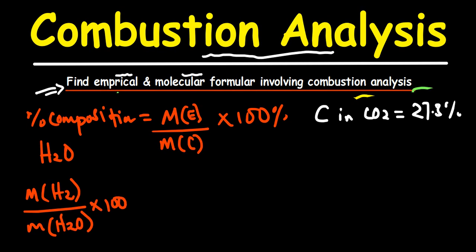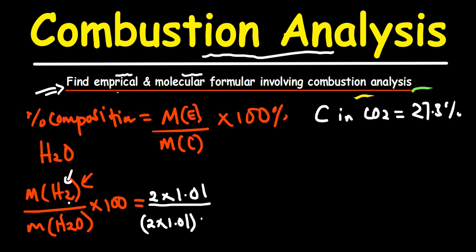So we want to find the percentage composition of this hydrogen here. So we're going to say this is equal to, the mass of hydrogen from the periodic table, I can see a 2 there, so I'm going to say 2 multiplied by the mass of hydrogen, which is 1.01. And then we are dividing this by 2 multiplied by 1.01, and then plus the molar mass of oxygen here, which is 16. And then we multiply by 100%.